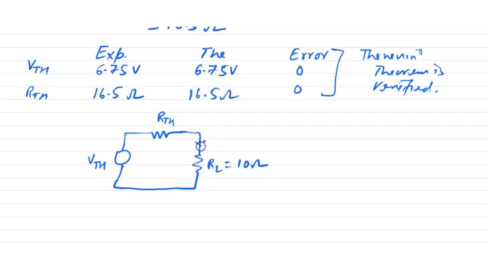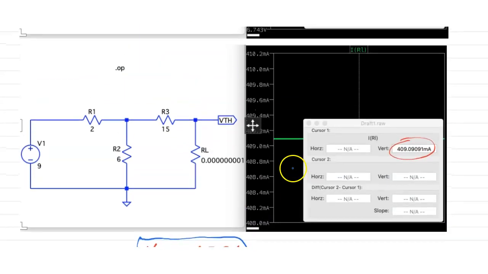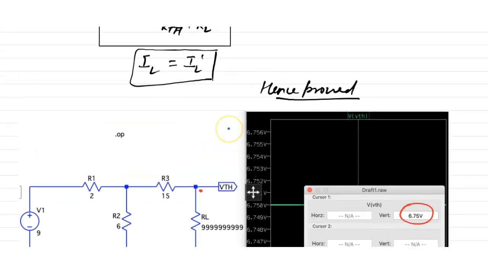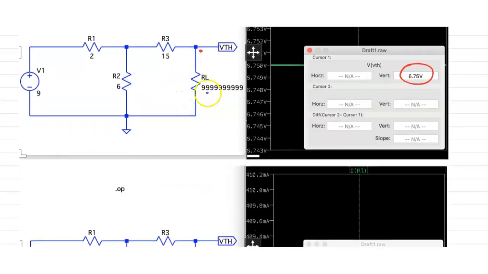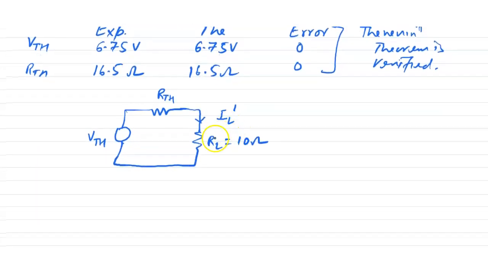The value of the load current in this resistance, suppose this is IL dash, must be the same as in the previous circuit. Suppose the current in the given original circuit when RL is 10 ohm, the current in this resistance and the current in the load resistance in the equivalent circuit must be the same.